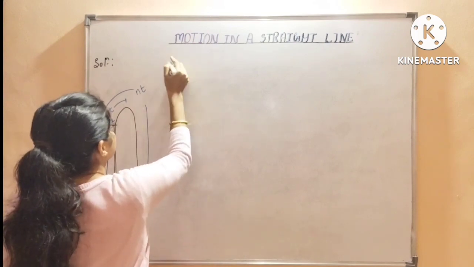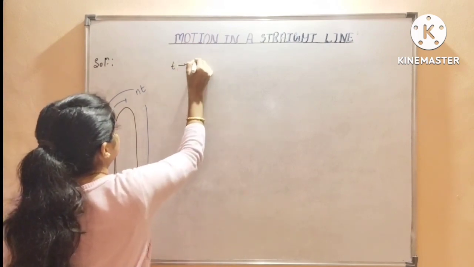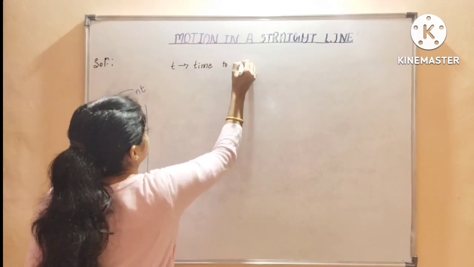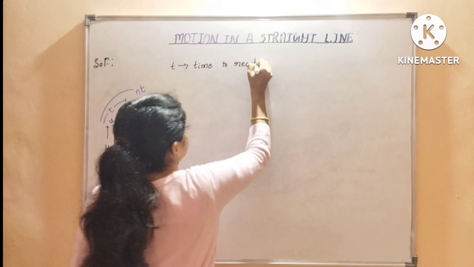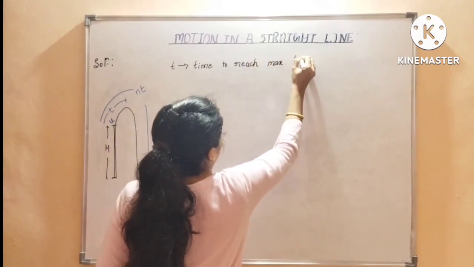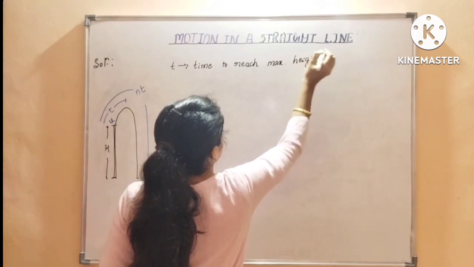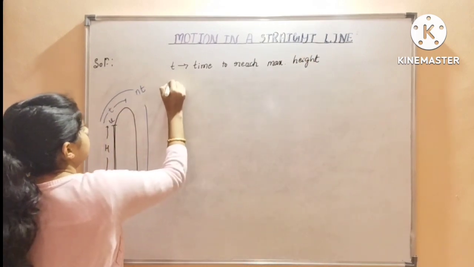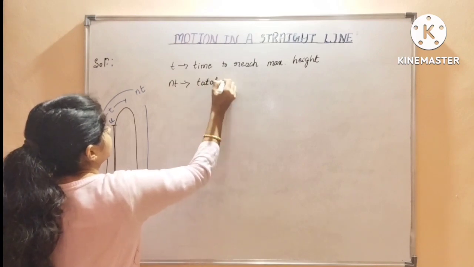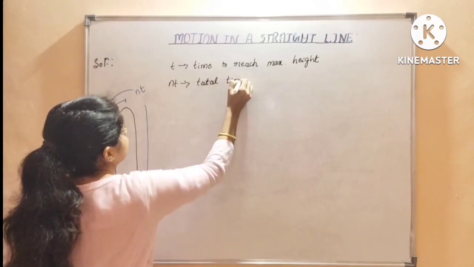Here, t is the time taken by the particle to reach maximum height. I am using the short form to write maximum height. And nt is the total time taken by the particle to reach the ground.